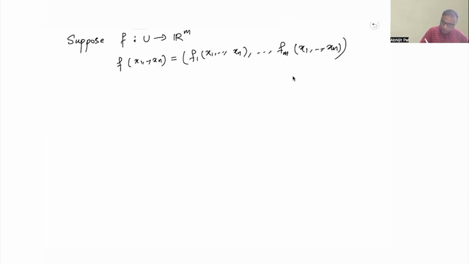Okay, and what is my f prime of c, e_i? Again, c is the same as c1, ..., cn, and e_i is this coordinate vector.